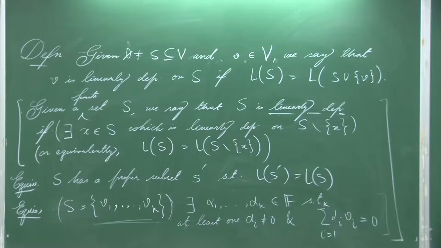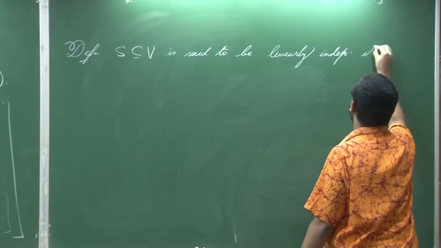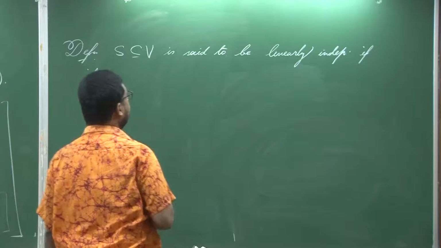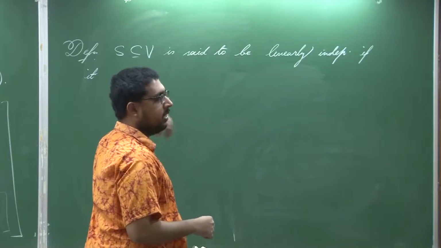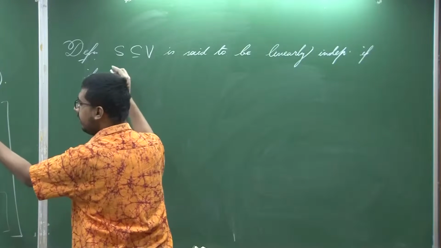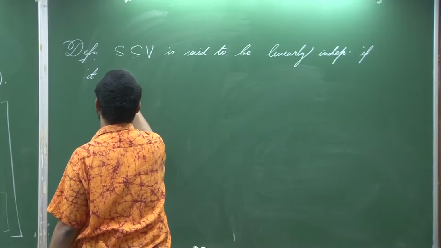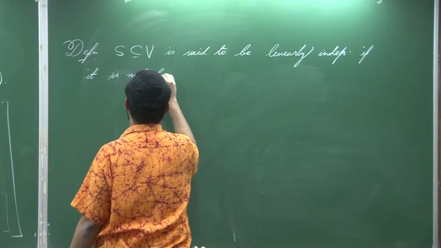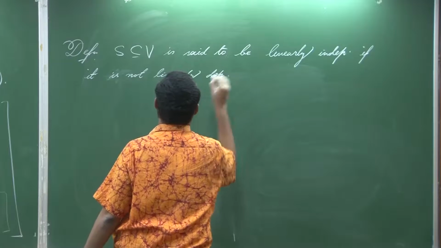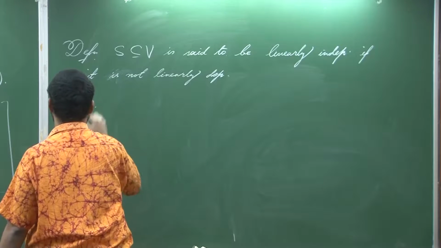So, linearly independent means there is no x in that set which is linearly dependent upon the other elements. In other words, the set is not linearly dependent, and then we must have equivalent characterizations here.